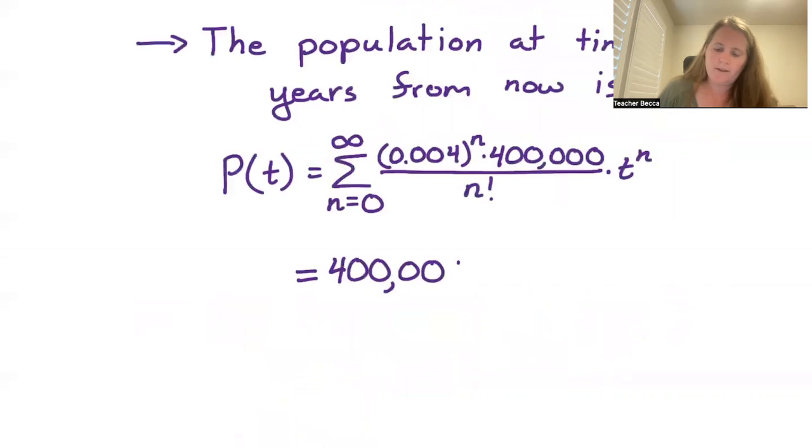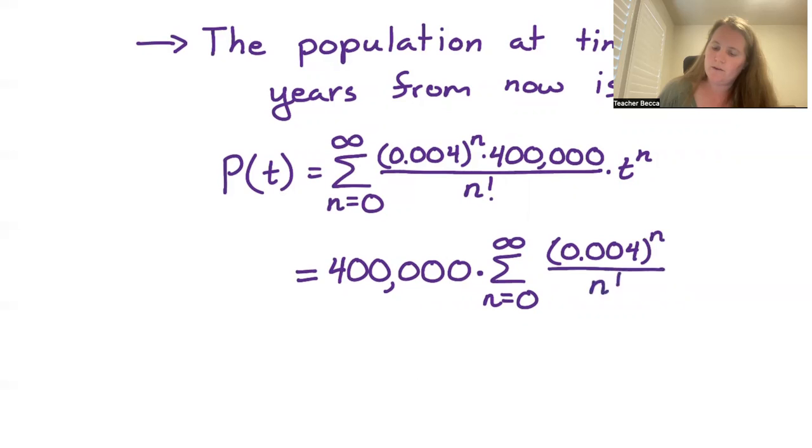We have 400,000 times the sum from n equals 0 to infinity of 0.004 raised to the nth power over n factorial times, and then that whole fraction times t to the n. So this is a way we could go about solving this differential equation with an initial condition by using power series.